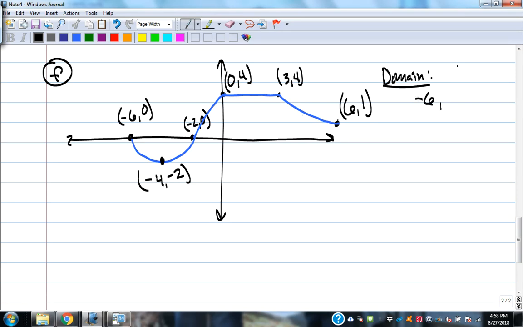What's the highest x value? +6. There's our domain. What's the range? -2, +4. Good job. Now, here's the new things.